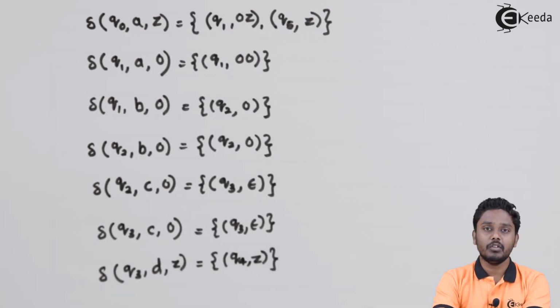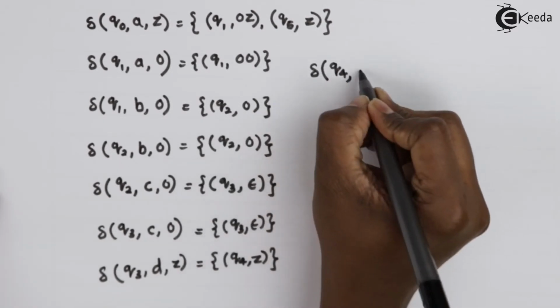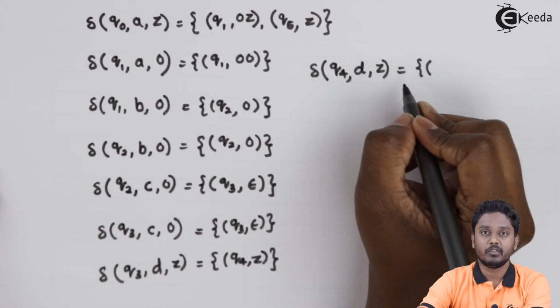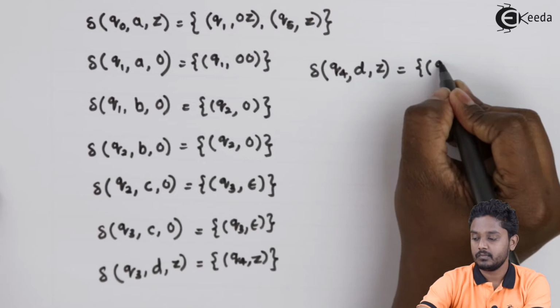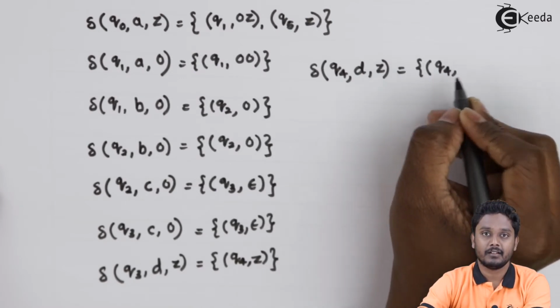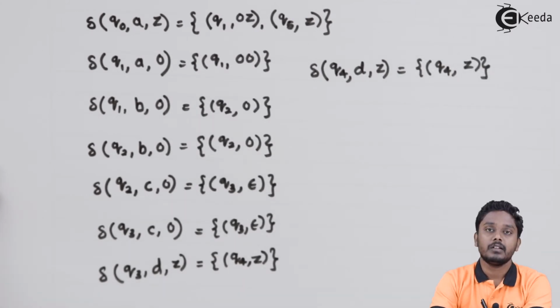On state Q4, we will skip all the coming up D's. It will be just Q4 with Z as the top of the stack. This completes all transitions for the first branch.